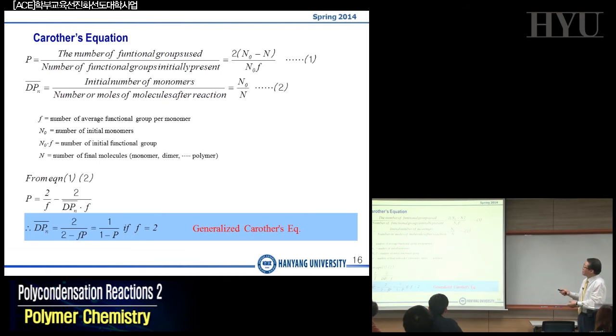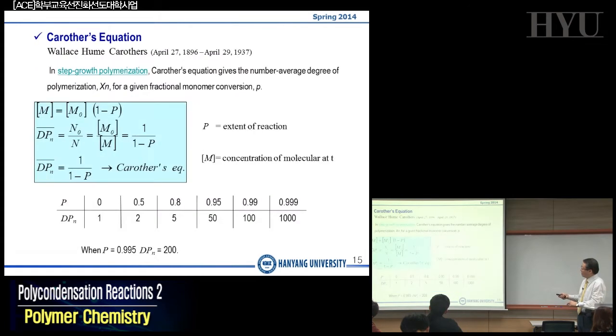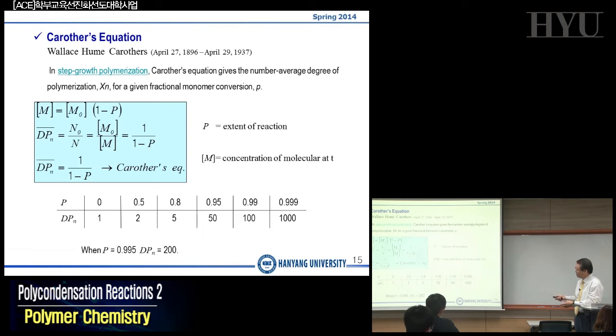Now, let's define again the extent of reaction P. Extent of reaction P is actually, if you go back, defined as the extent of reaction, meaning the monomer that was consumed. If P is equal to 0, then you do not have any monomer that was consumed. So you have a whole of your monomer that was left. If P is equal to 0.5, meaning that 50% of your monomer was consumed, right?